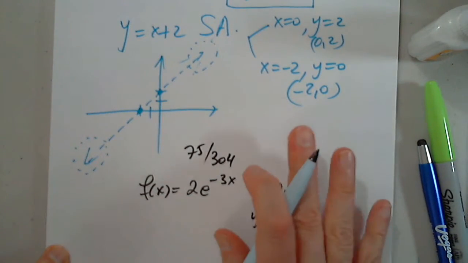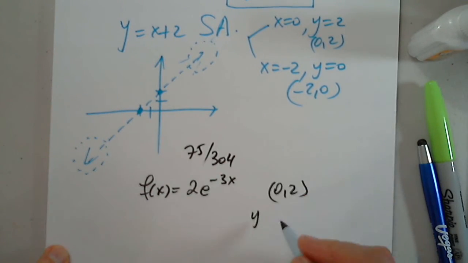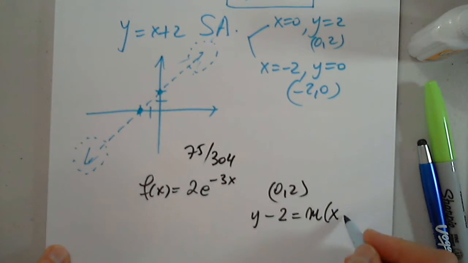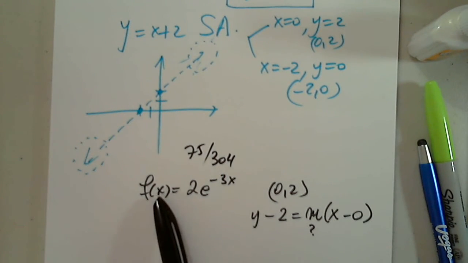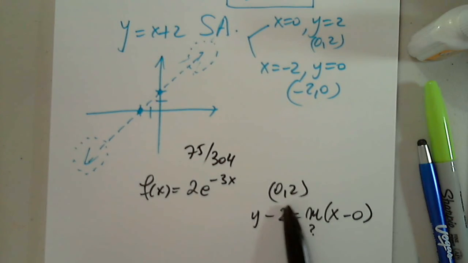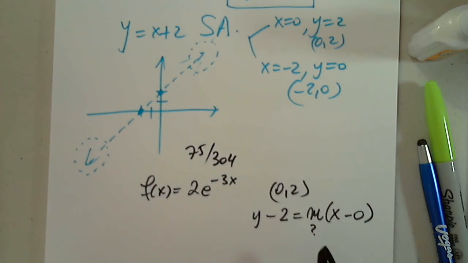We don't have to determine the equation, but I'm just saying y minus y1 equals the slope times x minus x1. So this is what they want. The slope of the tangent to the graph of this function at 0, 2. But we don't need to determine the equation. We're only asked to find the slope of this tangent line.